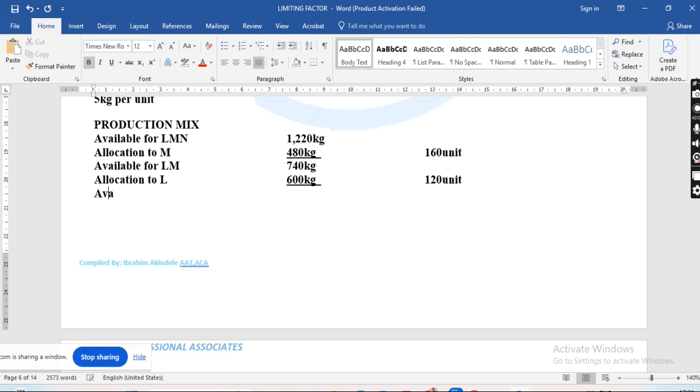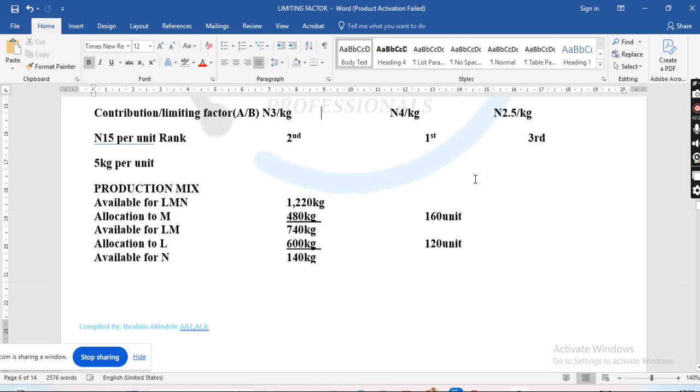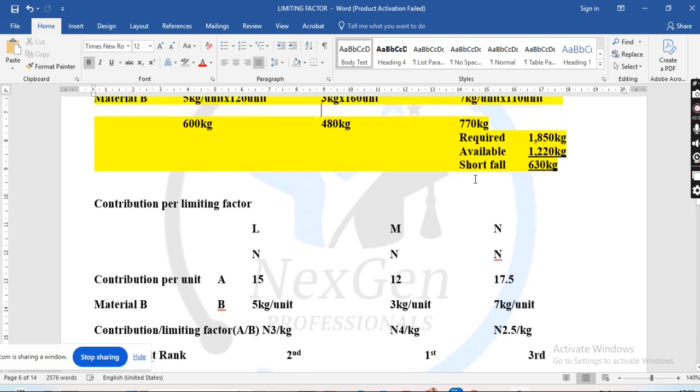So available for N is 140 kg. But we can't give, how many kg does N need?